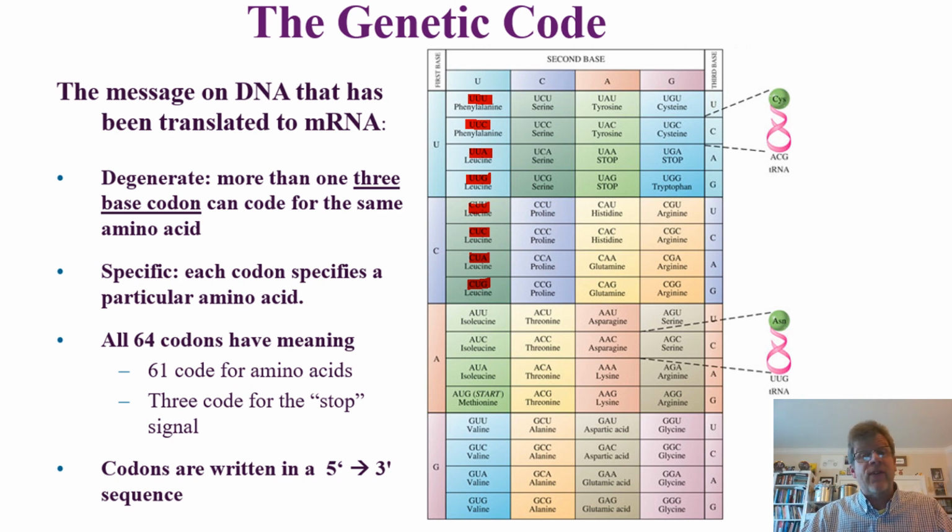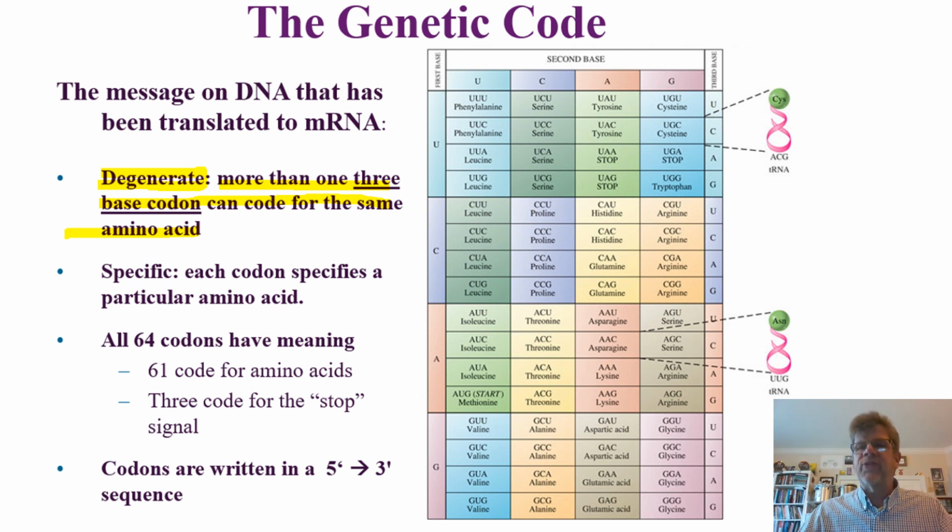We're not here to answer that particular question. It's just that it is so. In the genetic code, we can have a number of different codons which code for the same amino acid. This means that the genetic code is said to be degenerate, because more than one 3-base codon can code for the same amino acid.